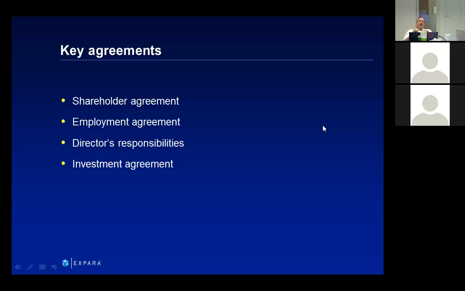You would be amazed at the number of startups we meet that don't have these agreements. Or maybe not amazed. It's very common that people set up their startup. You mean an agreement about the responsibility or in terms of the shares? The rights and responsibilities of the shareholders.